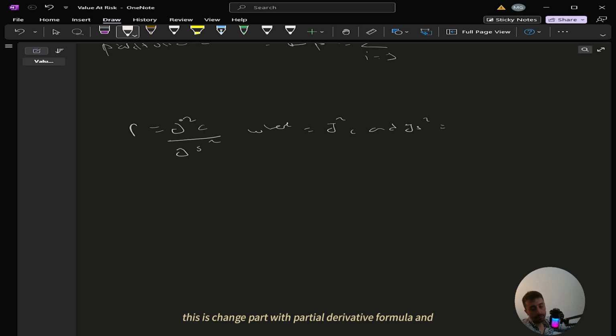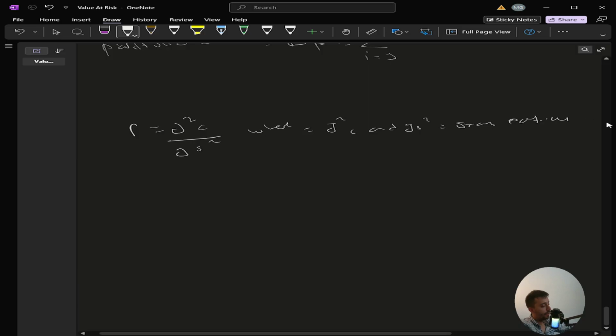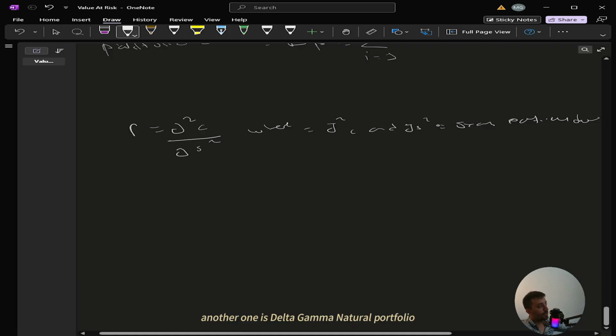It is the change given by the partial derivative formula: the second partial derivative of the call with respect to the spot. This is the second partial derivative of the call and the stock price respectively. All right, respectively.